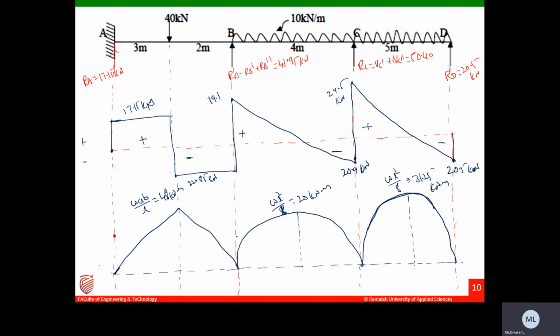And at this, 18.54, it is lesser than that. Then at this one it is somewhere here. And at this, 0.